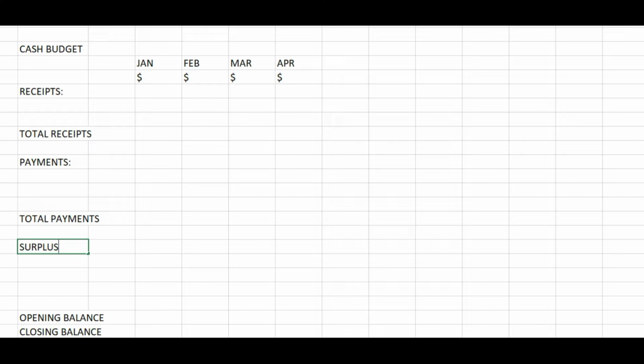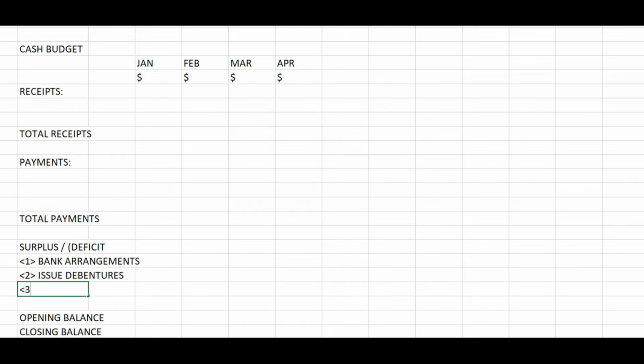Surplus, deficit. And then we have 3 different scenarios. Scenario number 1, we will use bank arrangement. Scenario number 2 is we issue debentures. Debentures, for your information, are a long-term liability.